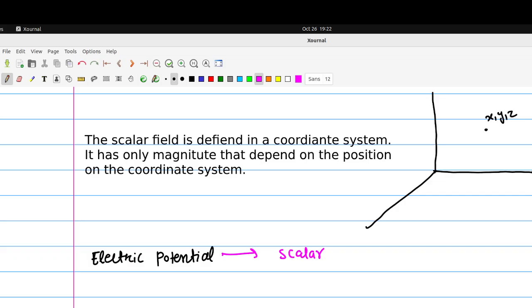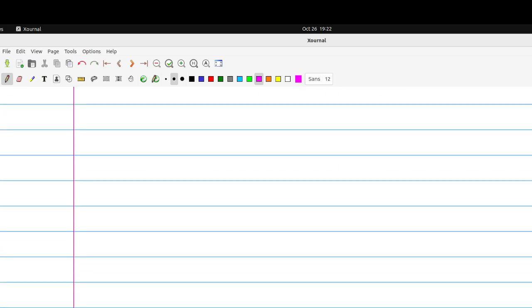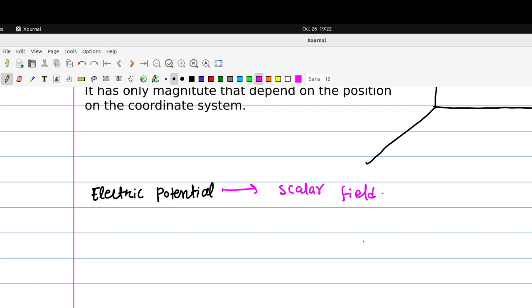If you are in 3D, there is a charge, let's say the charge is at origin. So in the origin there is a charge q. Due to this charge there is a potential field everywhere in the space.